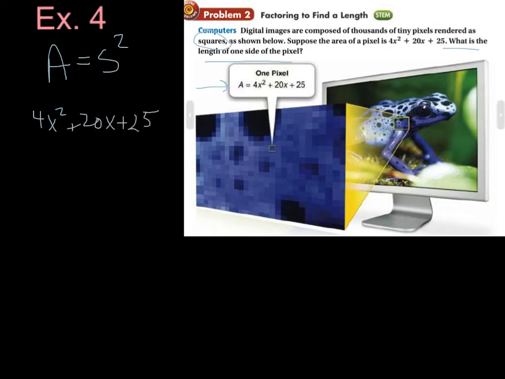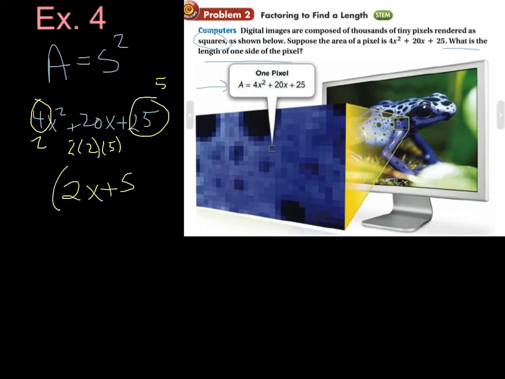If I look at the patterns, I see that 25 is a perfect square. Its square root would be 5. 4 is a perfect square. Its square root would be 2. So I've got a perfect square at the front and the back, and 20 would be 2 times 2 times 5. So I do have a perfect square trinomial that would factor to 2x plus 5 squared.